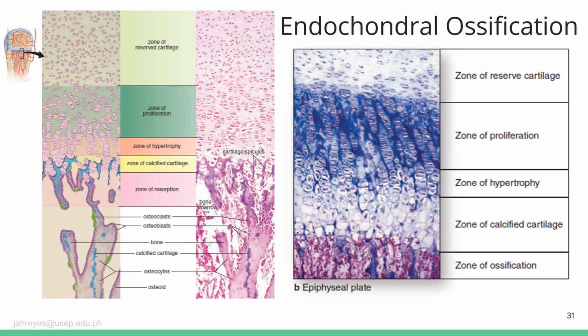So there are what we call the different zones in the epiphyseal cartilage. So you can see that here. So these zones represent the different layers of ossification in the endochondral ossification. So we have the zone of reserve cartilage, zone of proliferation, zone of hypertrophy, zone of calcified cartilage, and zone of ossification.